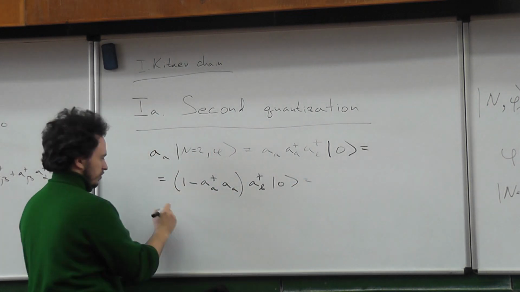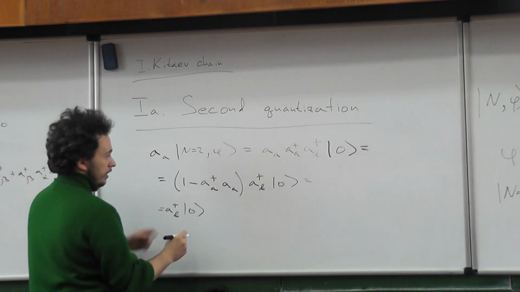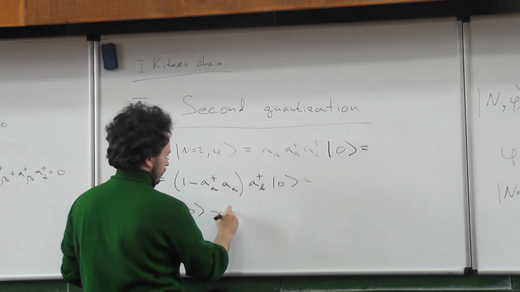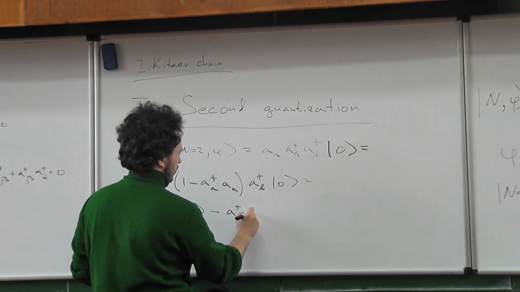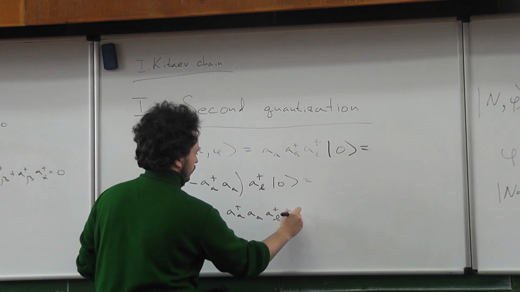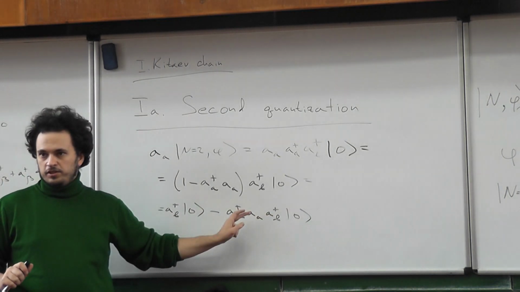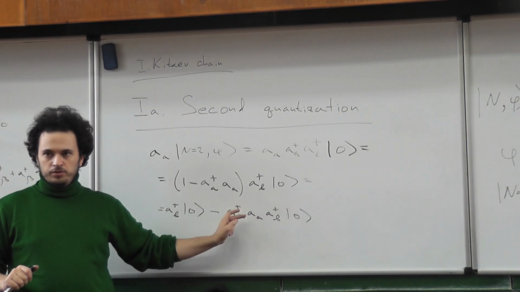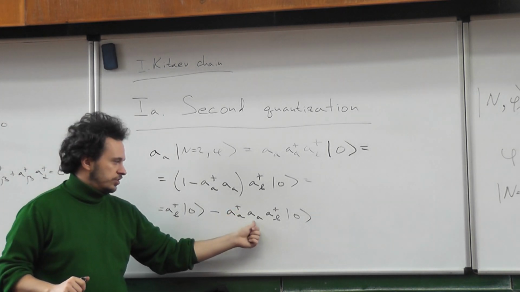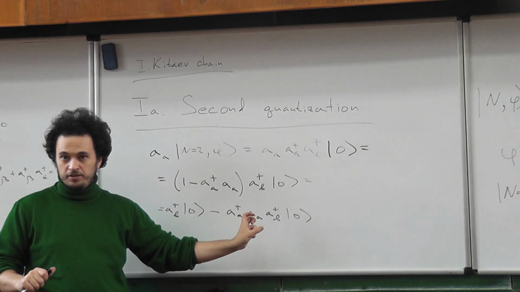So this gives me A_B dagger 0, and this gives me minus A_A dagger A_B dagger 0. Now, these have different indices, so they anti-commute. So I should simply take this through, switch their places and change the sign.